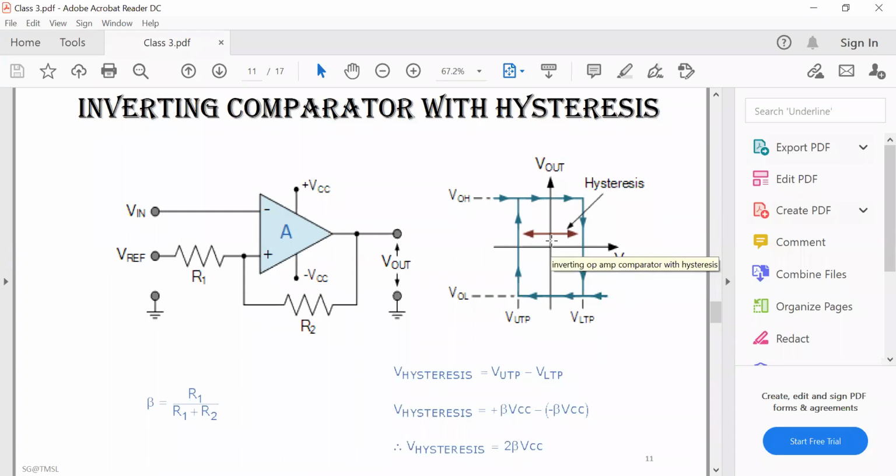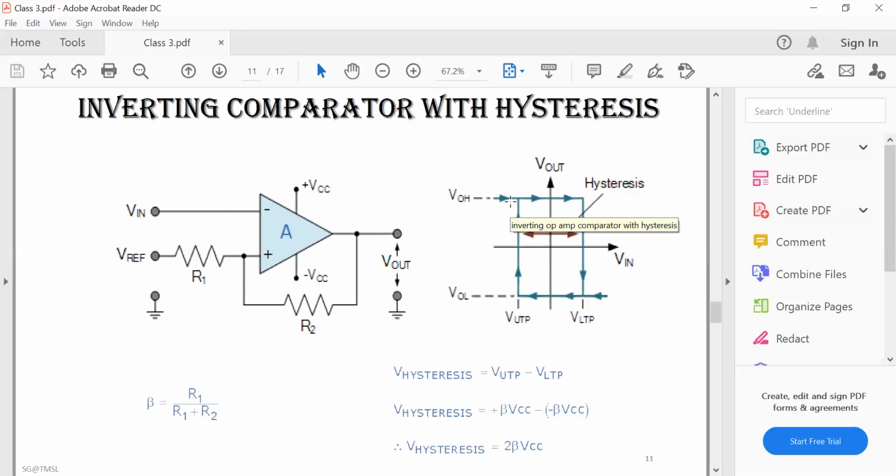Now, as the output is high and positive, the value of the reference voltage on the non-inverting input will be approximately equal to beta times VCC, which is called the upper trip point.